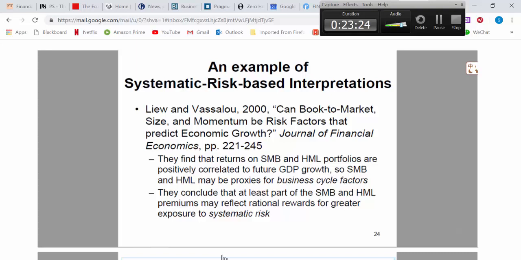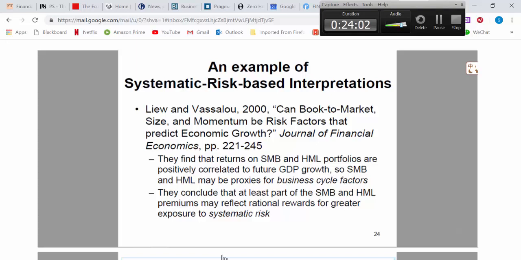So one group of researchers looked into this and they said, what about we look at SMB when the economy is good, and we look at SMB when the economy is bad, and the indicator they use for a good or bad economy is GDP growth.